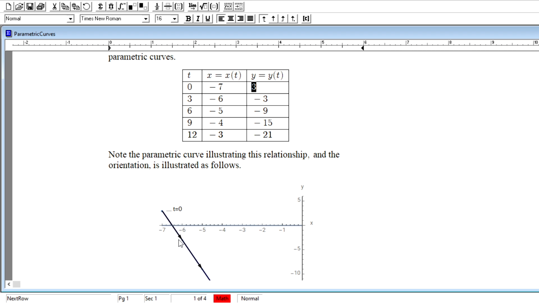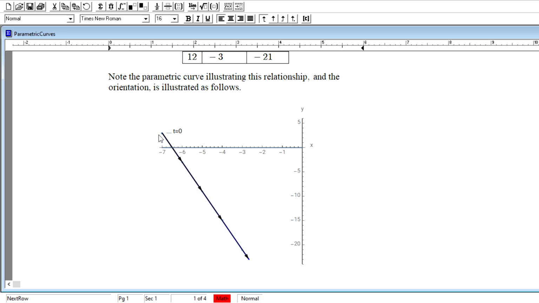Here must be our location where t equals 3. There we're at -6 for x and -3 for y. Here must be our location where t equals 6, and so forth. And we can see that this set of parametric equations does produce this parametric curve that is linear.